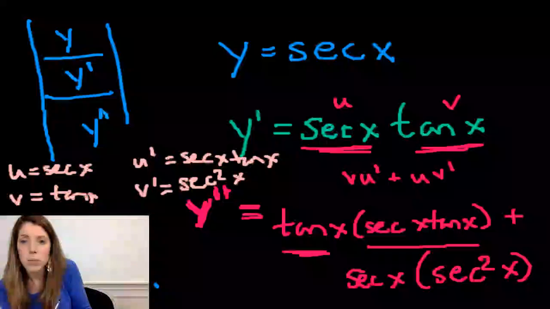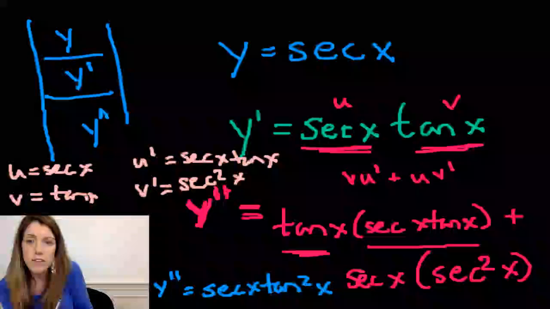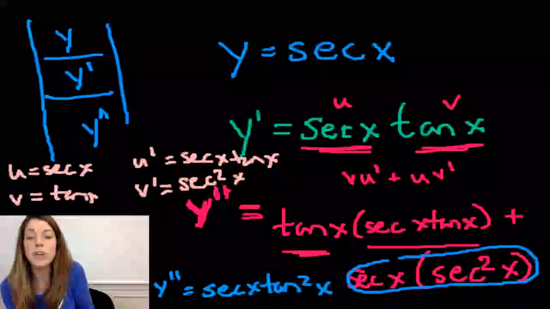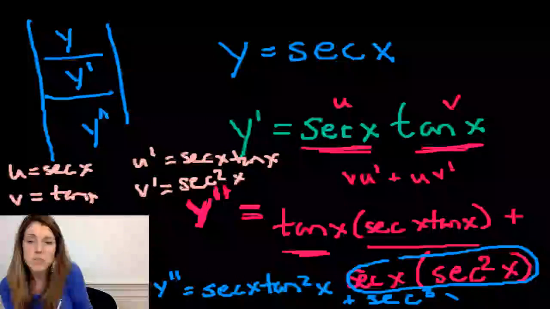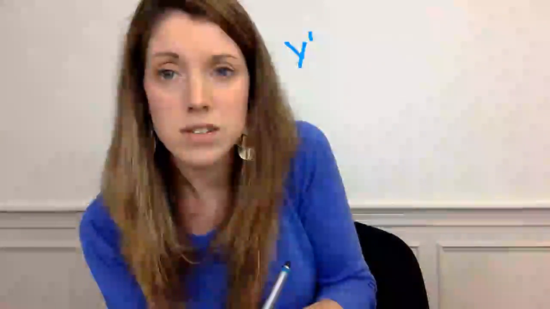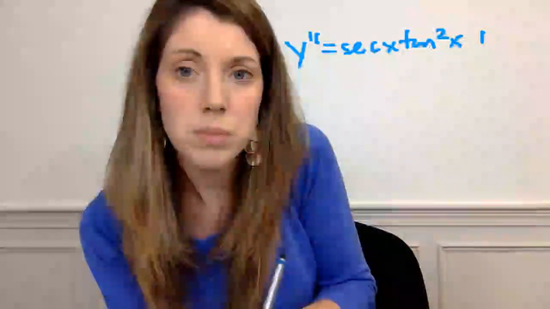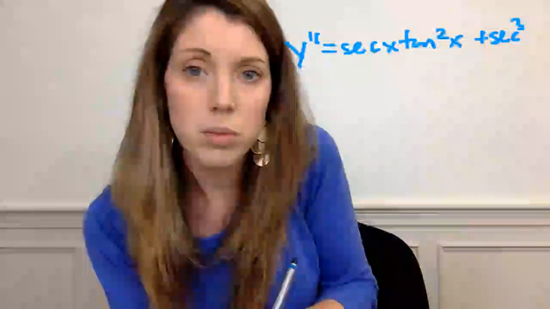So y double prime is just going to be secant x tangent squared of x, and then we'll take this part here and rewrite that as secant cubed of x. So we would say plus secant cubed, and that's it. We can't really simplify it any further than that. So our answer would be y double prime equals secant x tangent squared x plus secant cubed of x.